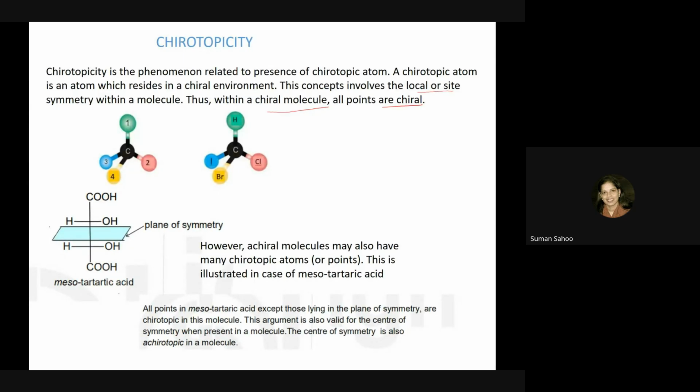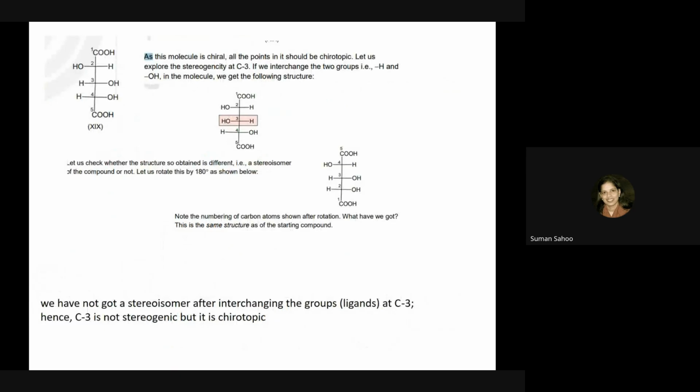For example, these two points are actually chirotopic centers because we have 4 different groups there. For example, this one, XIX, this molecule is chiral, and we would check whether carbon number 3 is stereogenic or not.